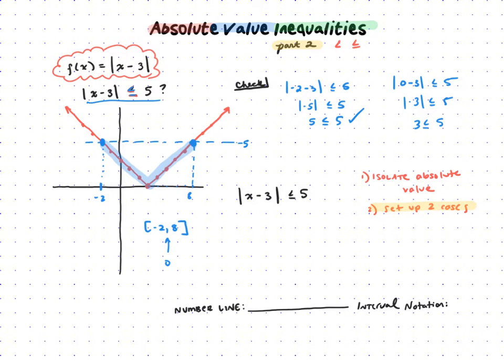So for us, case 1 is as is. You don't need the absolute value sign anymore. x minus 3 is less than or equal to 5. The other one is x minus 3 is greater than or equal to -5. So remember, you flip both signs.